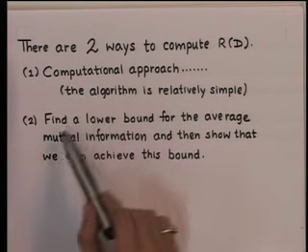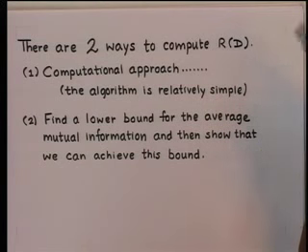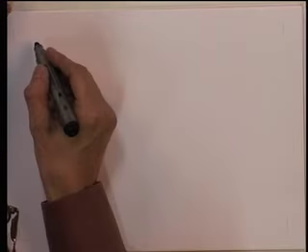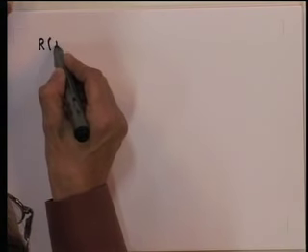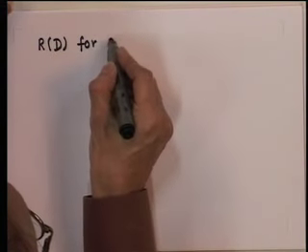We will use this approach to find the rate distortion functions for two important sources. So, the first important source is a binary source for which we will calculate the rate distortion function as follows.